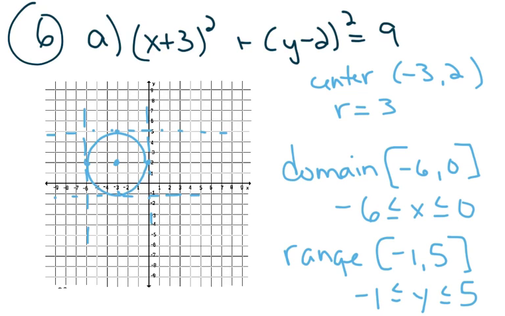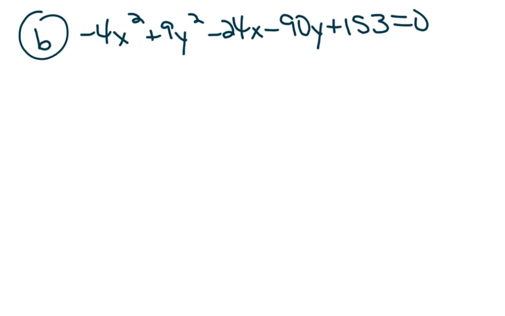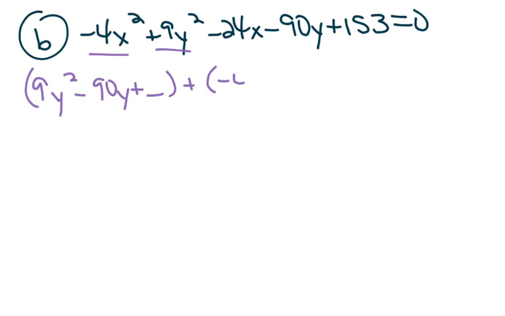For this last one, we're going to have to do a little bit of work to get to the final answer. First of all, it's a hyperbola because the coefficients of the square terms are different. Since y is positive, I'm going to make y come first. So 9y squared minus 90y plus blank plus negative 4x squared minus 24x plus blank is going to equal negative 153 plus blank plus blank.